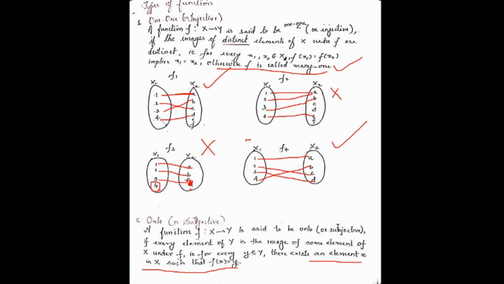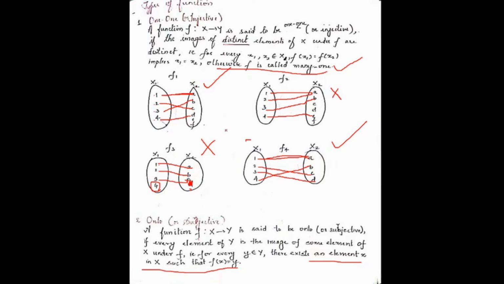So here what they are telling is that every element in Y should have a pre-image in X.